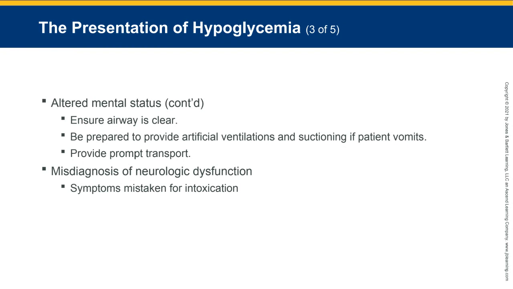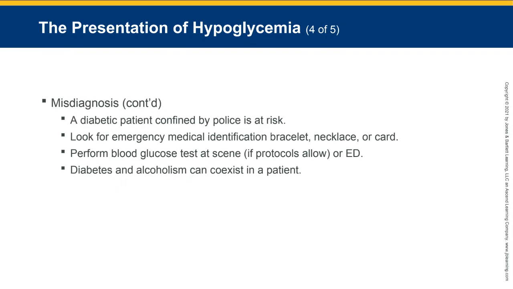Symptoms are often mistaken for intoxication. Misdiagnosis: a diabetic patient confined by the police is at risk. Look for emergency medical identification bracelet, necklace, or card. Perform blood glucose tests at the scene if protocol allows, or at the ED.